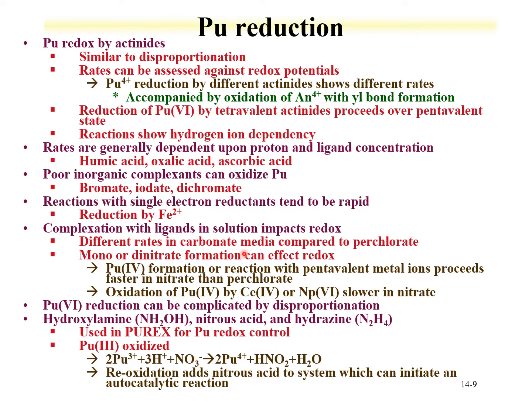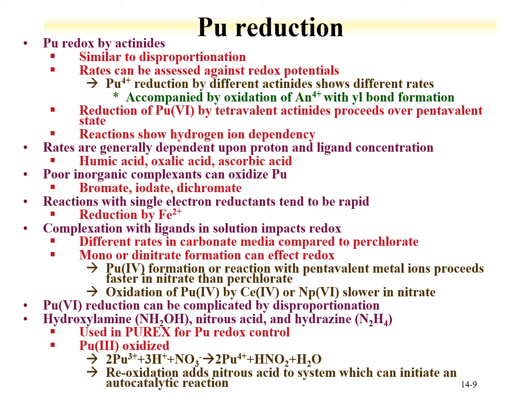So carbonate medium is going to behave differently compared to perchloric, because the carbonates will bind the plutonium effectively where the perchloric will not. And then there's also disproportionation, such as plutonium-6, where this can be reduced, and then that reduction can be complicated by disproportionation. And then there are some reducing agents that are used in the PUREX process, hydroxylamine with hydrazine, production of nitrous acid in nitric acid.